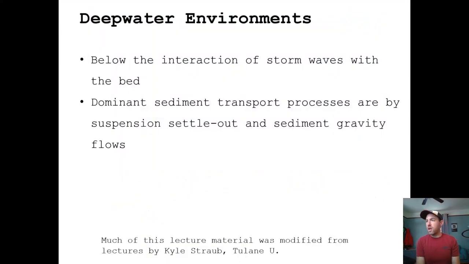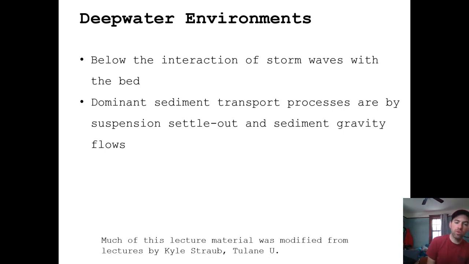And by way of a definition, deep water environment generally refers to the environment below which storm waves are no longer impacting the bed, right? So for a relatively large storm event, say a hurricane or something of that nature, the storm waves are no longer reaching the bed, interacting with the bed, causing sediment transport to rework bed sediment at that depth.